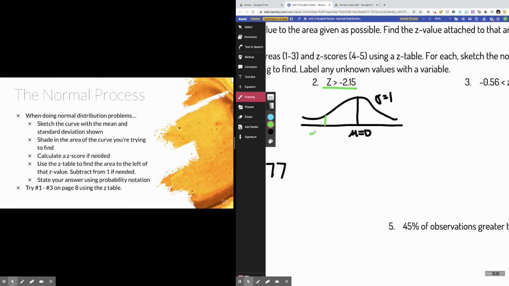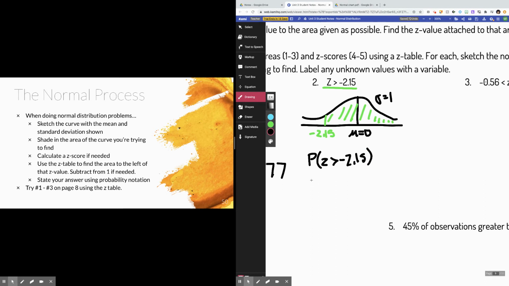So I'm going to say negative 2.15 is here-ish. I'm finding a greater than probability, so I'm going to shade this whole area above, to the right.